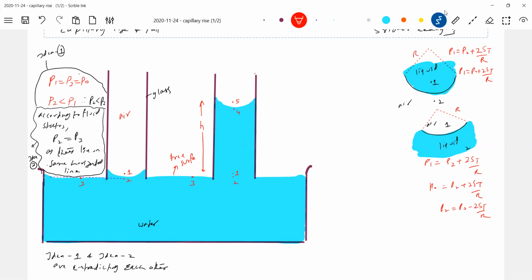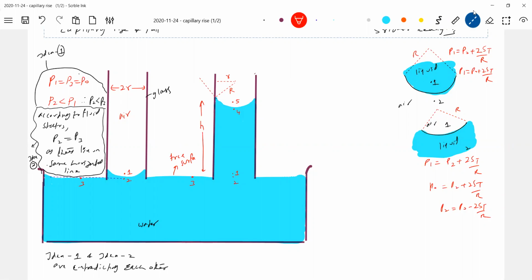This is 5. Let small r be the radius of the capillary tube. Capital R will be the radius of the meniscus. Now, this should be the angle of contact.